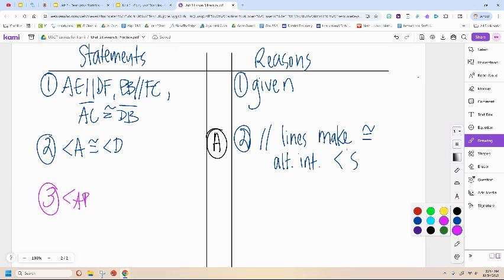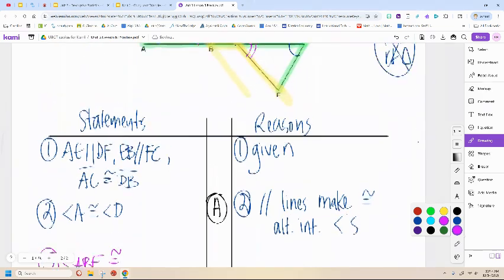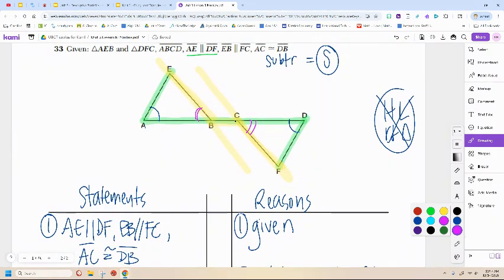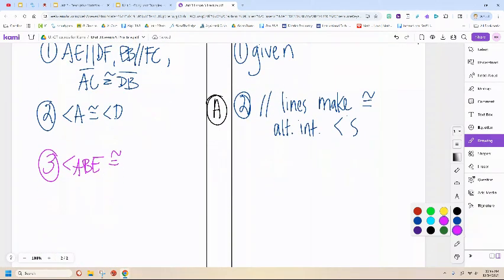Angle ABE is congruent to angle DCF. So, parallel lines make congruent alternate exterior angles.